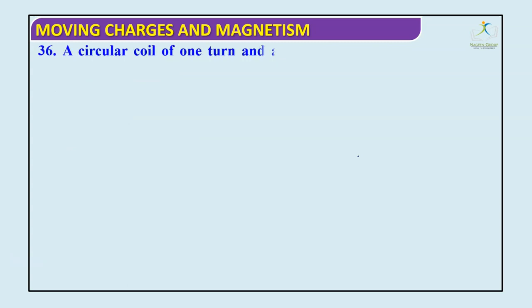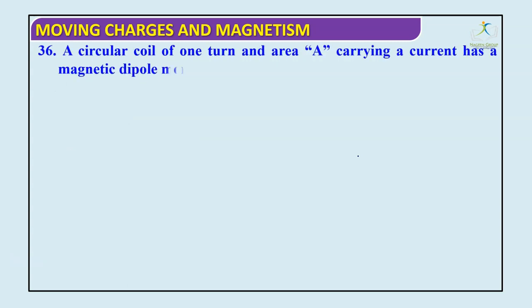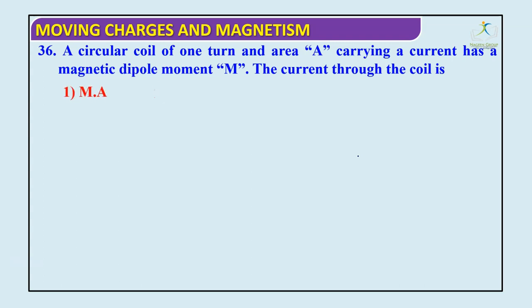Next question: a circular coil of one turn and area A carrying a current has magnetic dipole moment M. The current through the coil is: MA, A by M, M by A, M by A square.